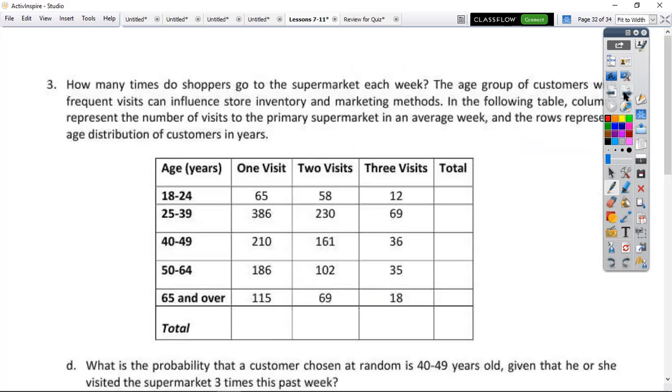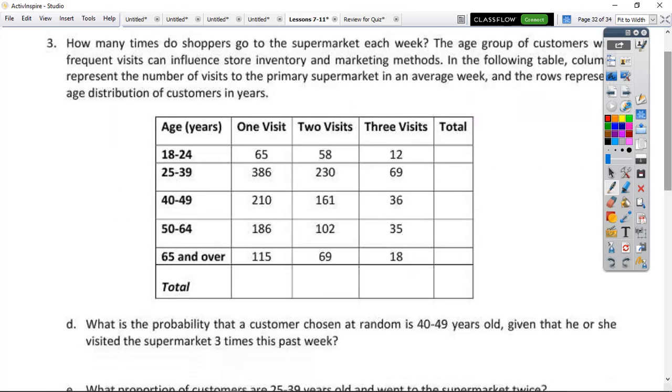I'm gonna quickly give you these totals. All right, so we're looking at how many times people go shopping. Total of your first row is 135. Next total is 685.